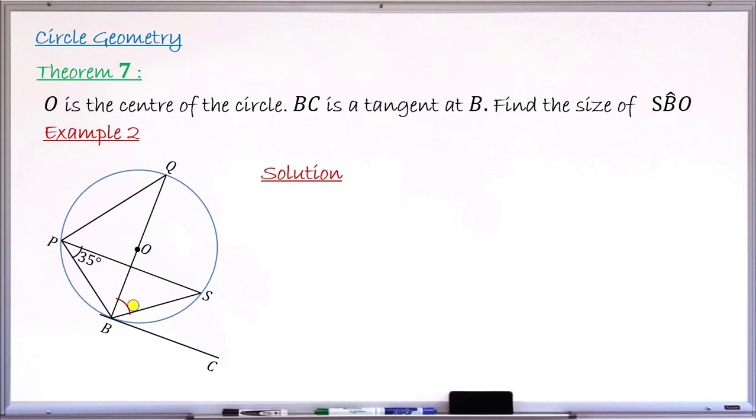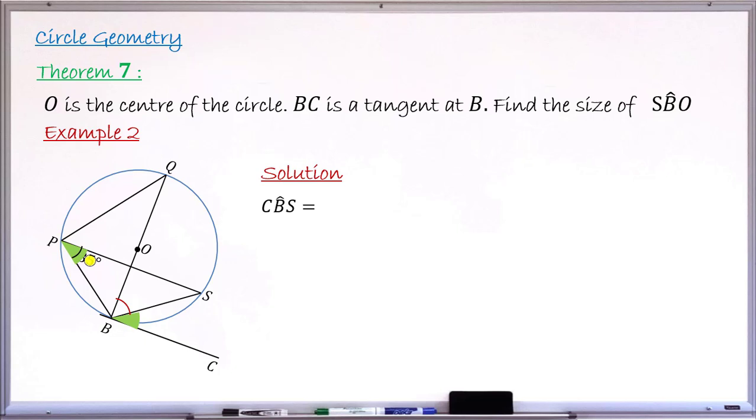So what I can see here is this angle SBC or CBS. I can find it because this angle is an angle between the tangent BC and the chord BS. And that chord BS obtained this angle 35 degrees at the other segment.